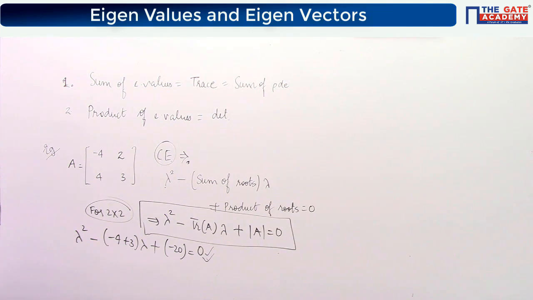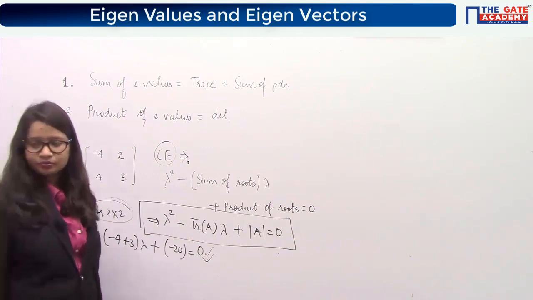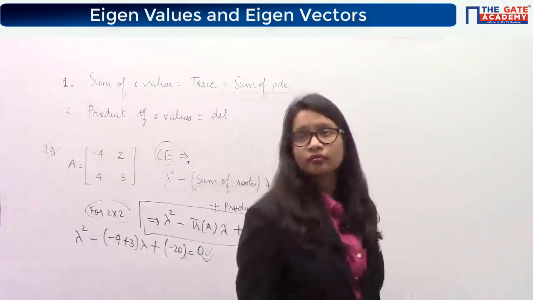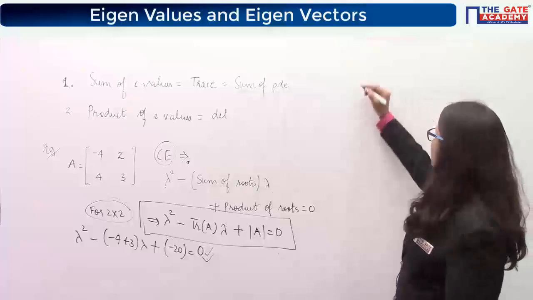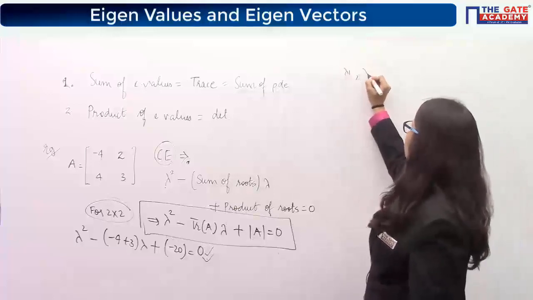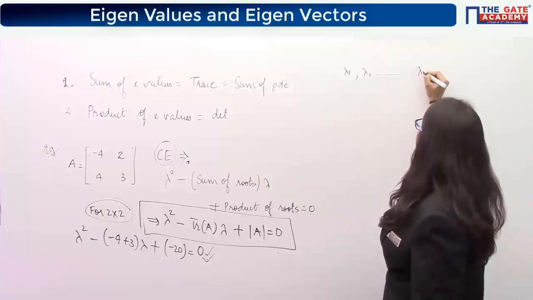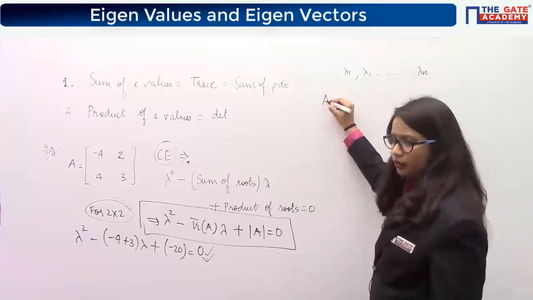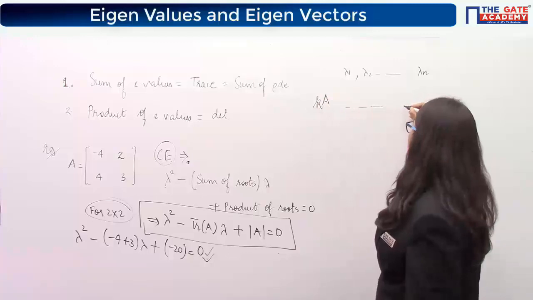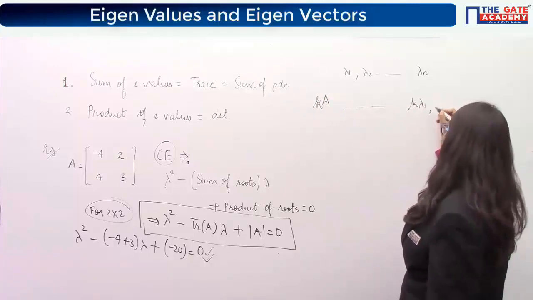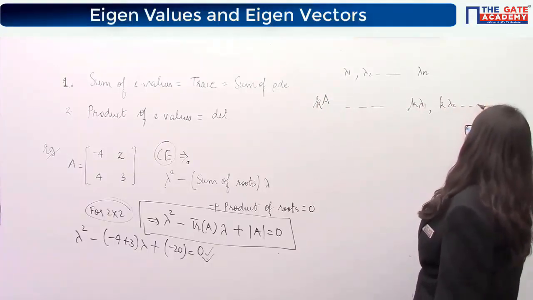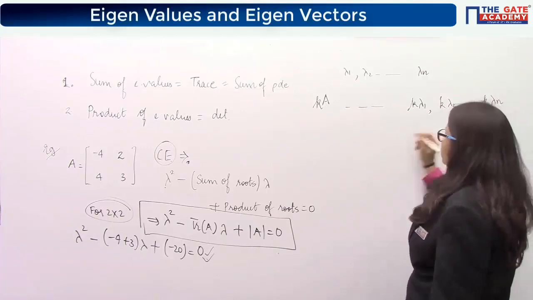Write the third property. Write down this third property, that if A is having eigenvalues of lambda 1, lambda 2 and so on up to lambda n, then K times A will have eigenvalues as K times lambda 1, K times lambda 2, so on K times lambda n.